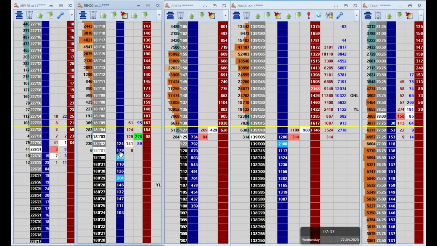I'm scoping it out. Want to see a little bit of volume start to develop. Just seeing a little bit of pushback from buyers. Buyers stepping out.